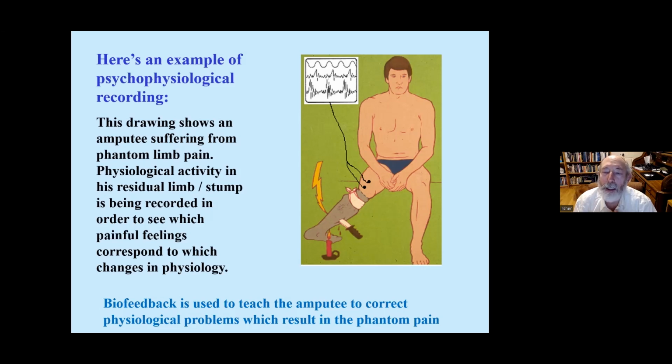The nerves that used to go to the part of the limb that's been amputated still run through the stump and they're still working. So if they're stimulated in the stump, people think that the pain is coming from the part of the limb that they don't have. That's simply how we're wired.